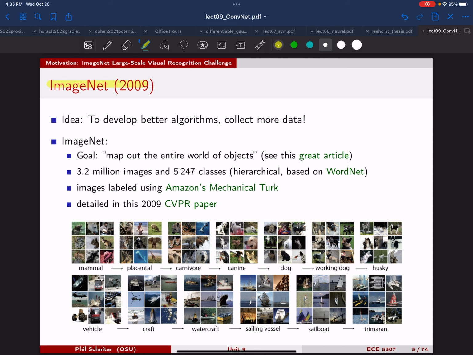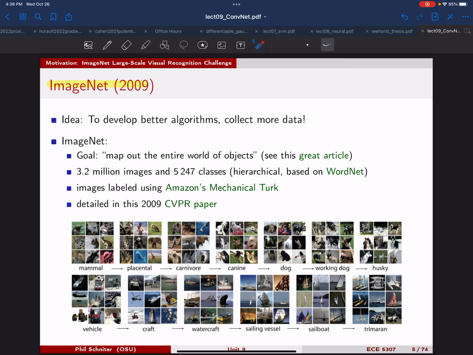And the goal of the proposers was really to map out the entire world of objects. So at least the first version of it had 3.2 million images and more than 5,000 classes. One significant issue is how do you label those images?